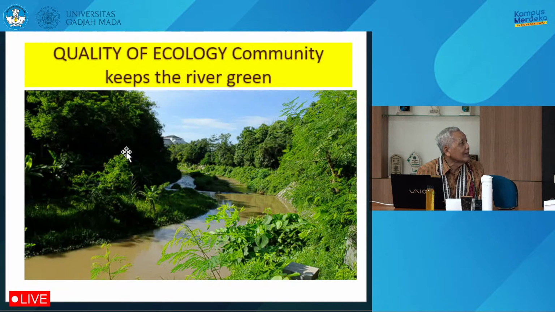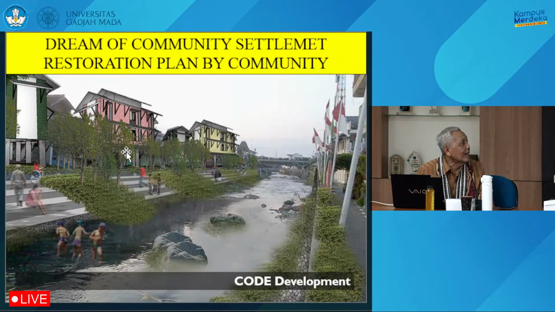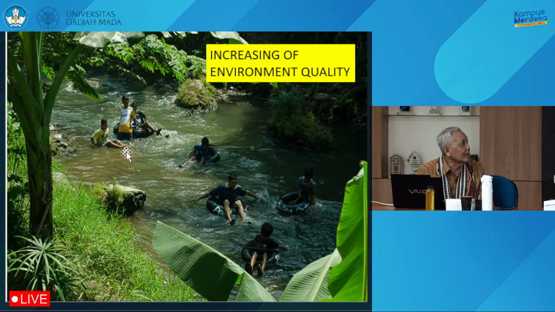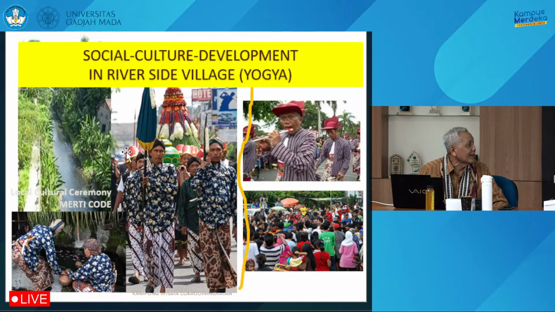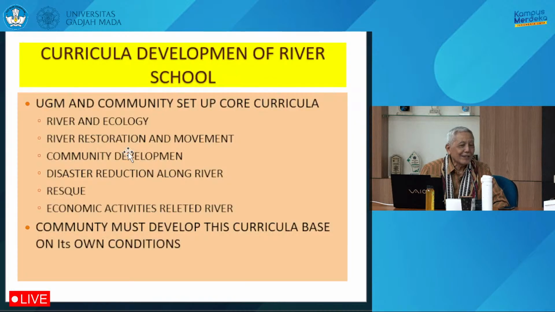Again, the river water quality, and then people swimming in the river. Formerly, it was not good water for swimming, but now it's good water for swimming. Okay, this ceremonial. Thank you.